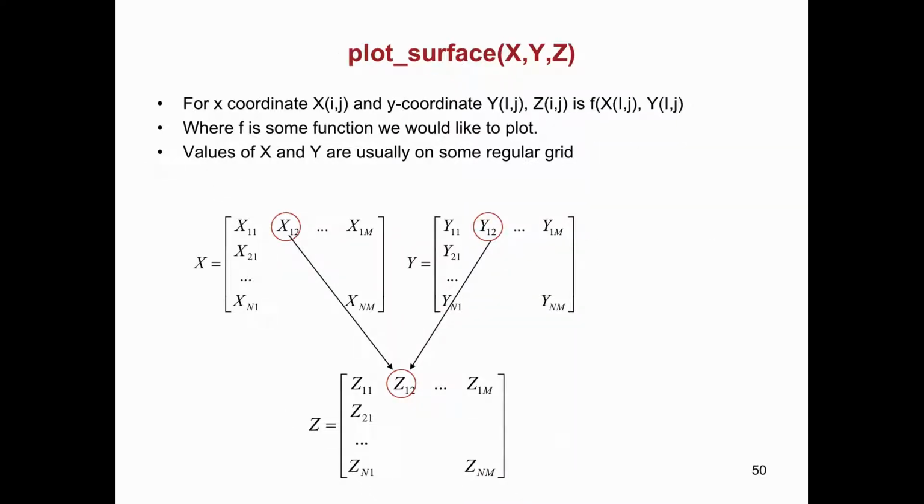I'm going to have a matrix of my x coordinates, a matrix of my y coordinates, and at the matching point, like row and column, that describes one of the points in space. And I'm going to then compute what is a function of those x and y in that particular spot. Okay? And I'm going to place those results into a matrix Z. And then I'm going to plot x, y, and z. Yes? But x, y, and z are matrices.